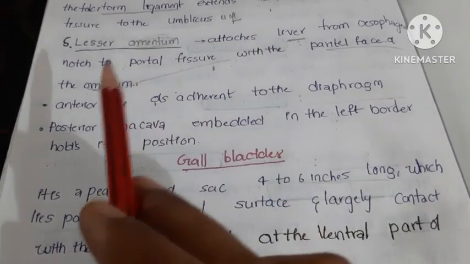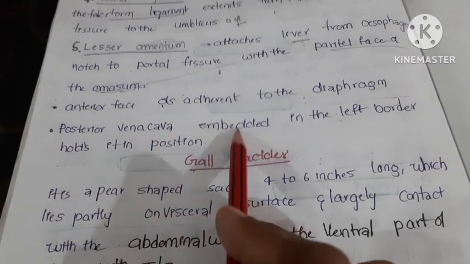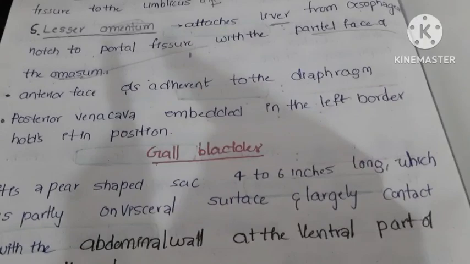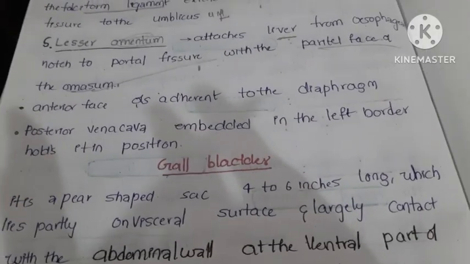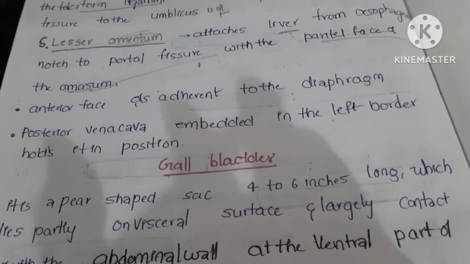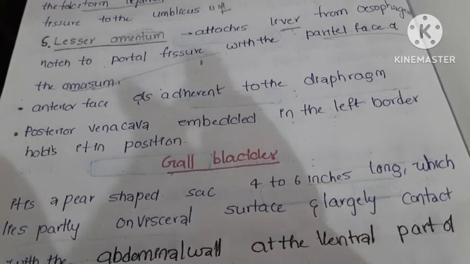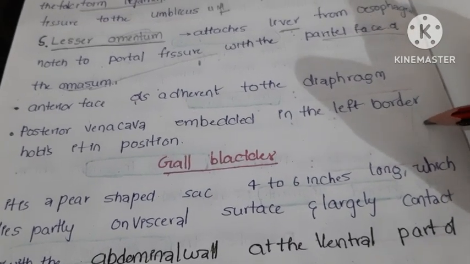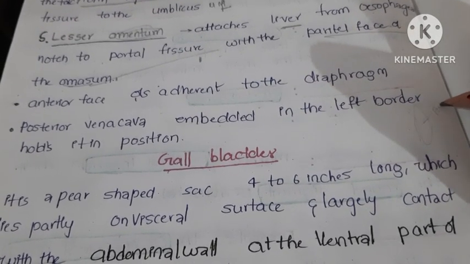In the lesser omentum, the anterior face is attached to the diaphragm, and the posterior vena cava is embedded in its left border.